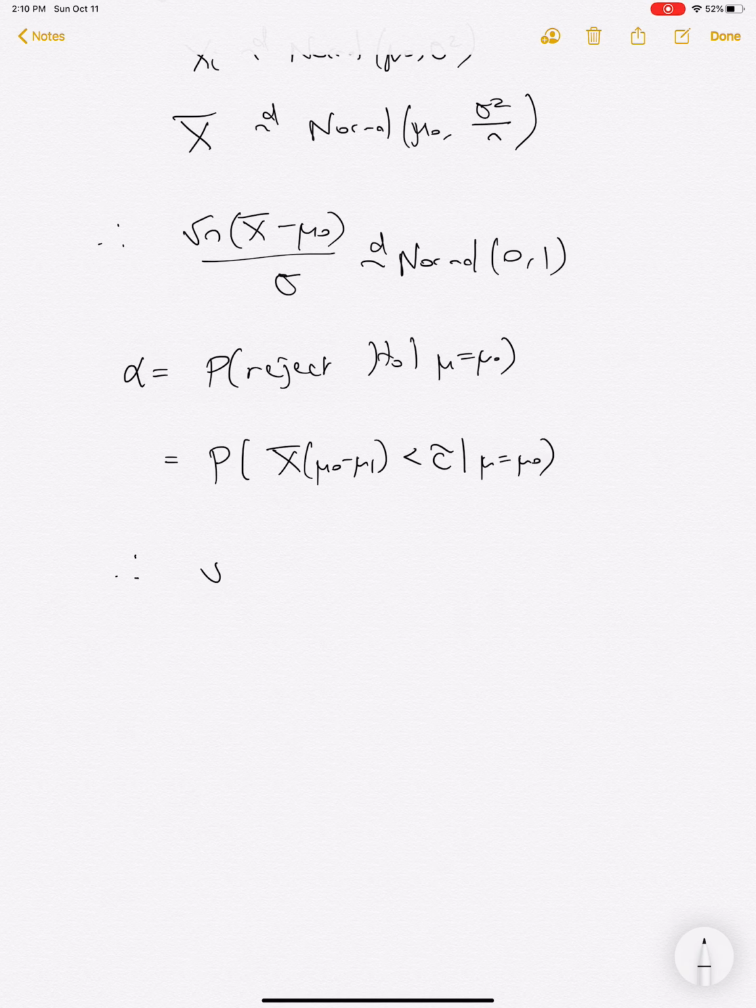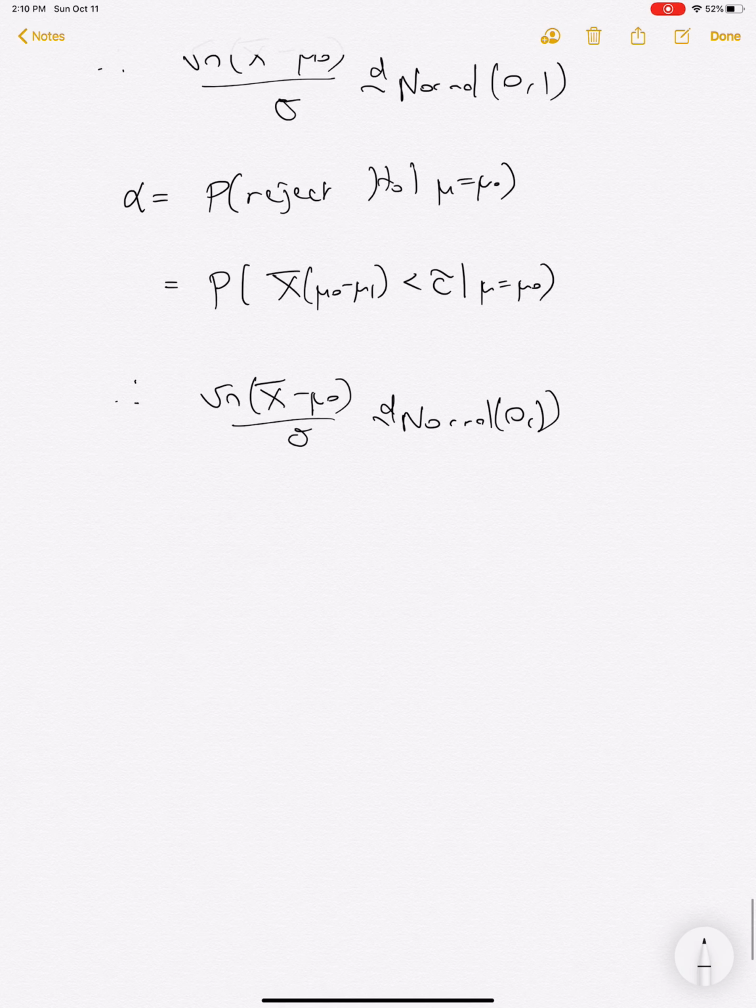And since we know that square root of n times x bar minus mu 0 over sigma is normal 0, 1, we can use the standard normal tables to actually calculate this threshold C tilde.